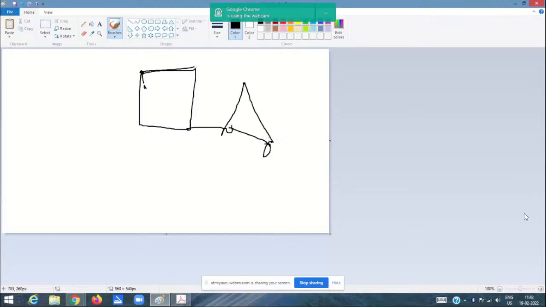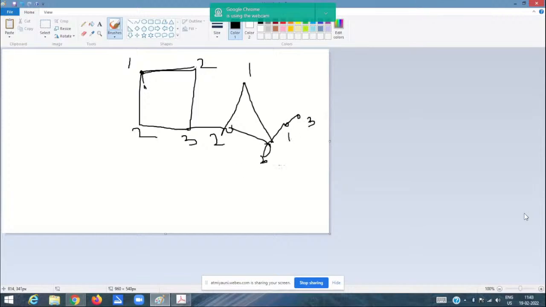Sorry for drawing like this. And you can see that I have a triangle, so definitely I need three colors. So color 1, color 2, color 2, color 3, color 2, color 1, color 3, color 1, color 3.